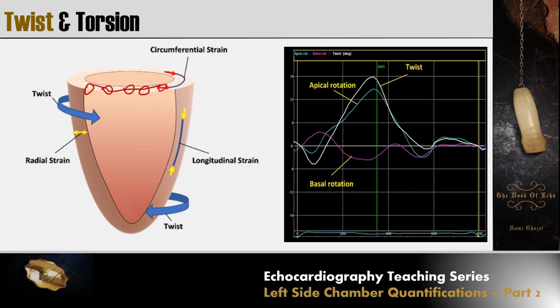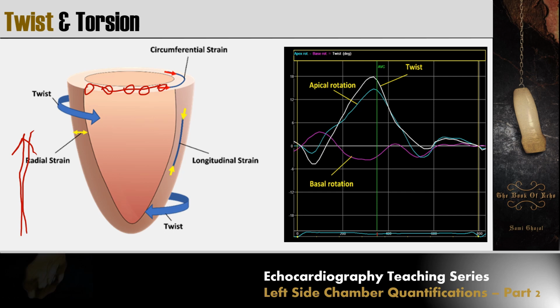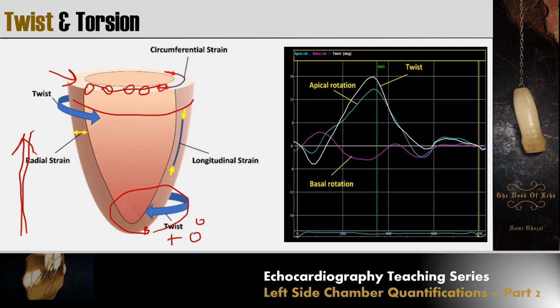If you're looking at the heart from the apex, from down upward, the apex is rotating during systole in a counterclockwise manner, and it is given this rotation in positive degrees because it's counterclockwise. The base of the heart, on the other hand, is rotating during systole in a clockwise manner, and it is given a negative degree of rotation.